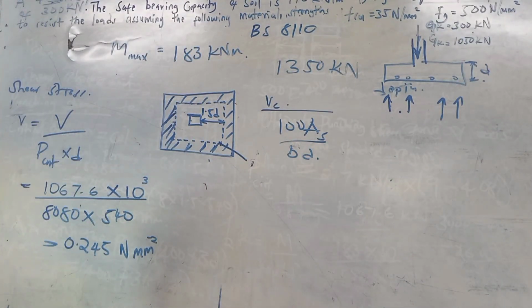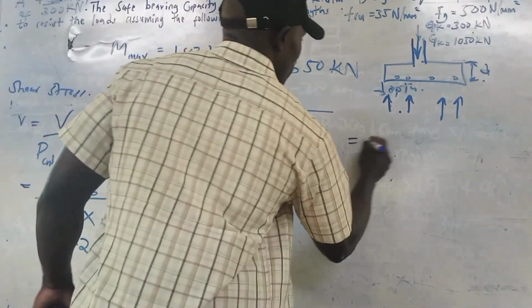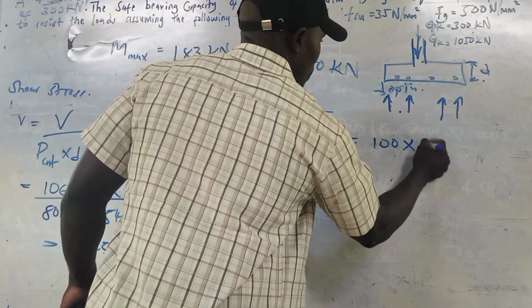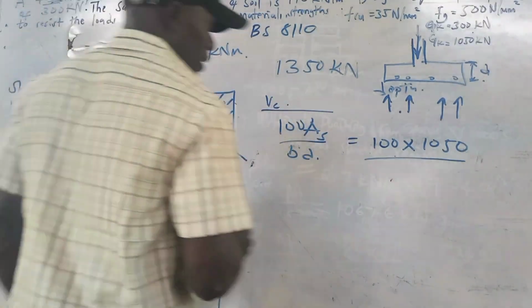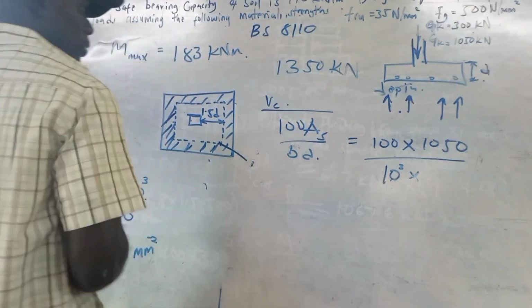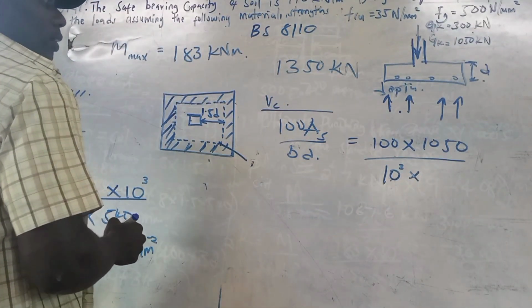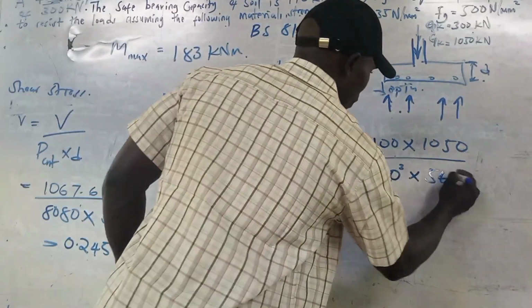Our area of steel provided was 1050 divided by the breadth times the effective depth, 540.